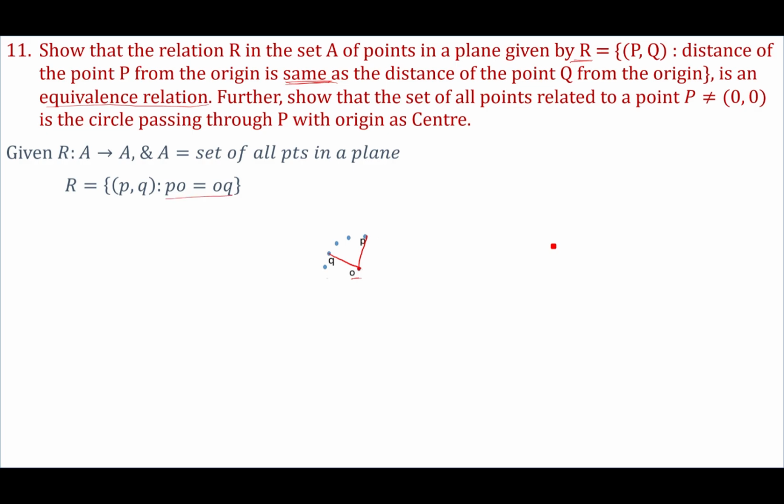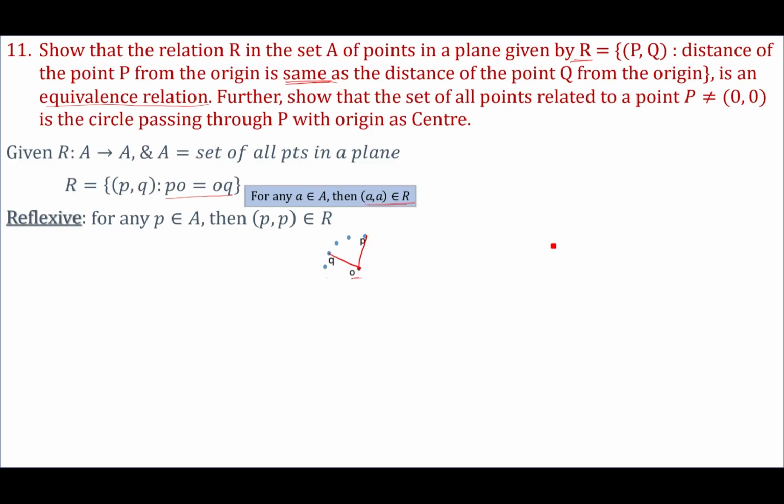At first, we are going to solve for reflexive relation. What is a reflexive relation? For any element A belongs to the set A, then (A, A) belongs to the relation. This is the definition of reflexive. For any P belongs to the set A, then (P, P) belongs to R. Why?